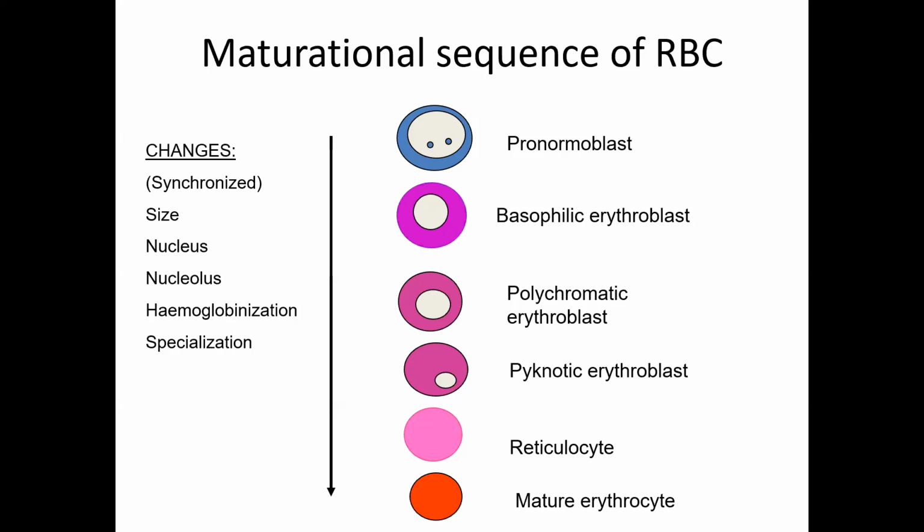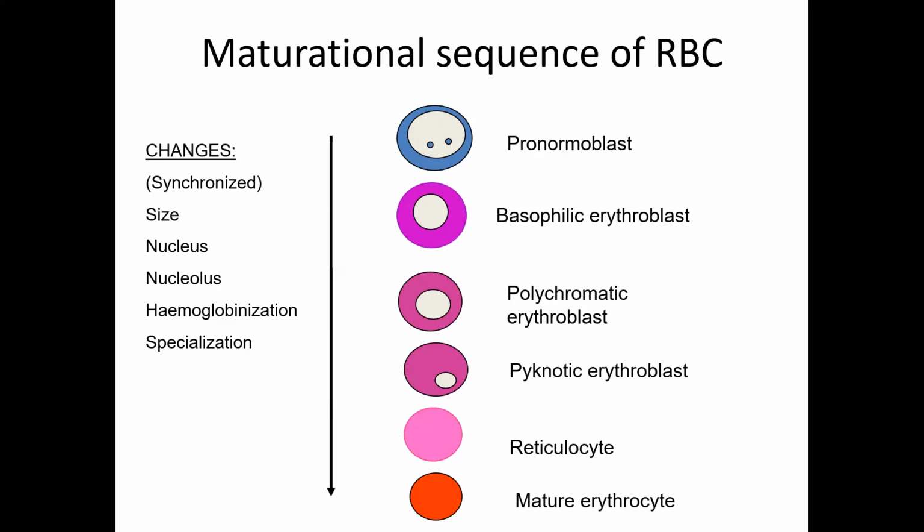Now, if you look on the right side of this graph, those changes that I have talked about are shown in the pronormoblast, which is the earliest identified red cell precursor. After you have your stem cell, which can go and become any of the blood cells, then you have your pronormoblast, and this one now is a dedicated red cell precursor.